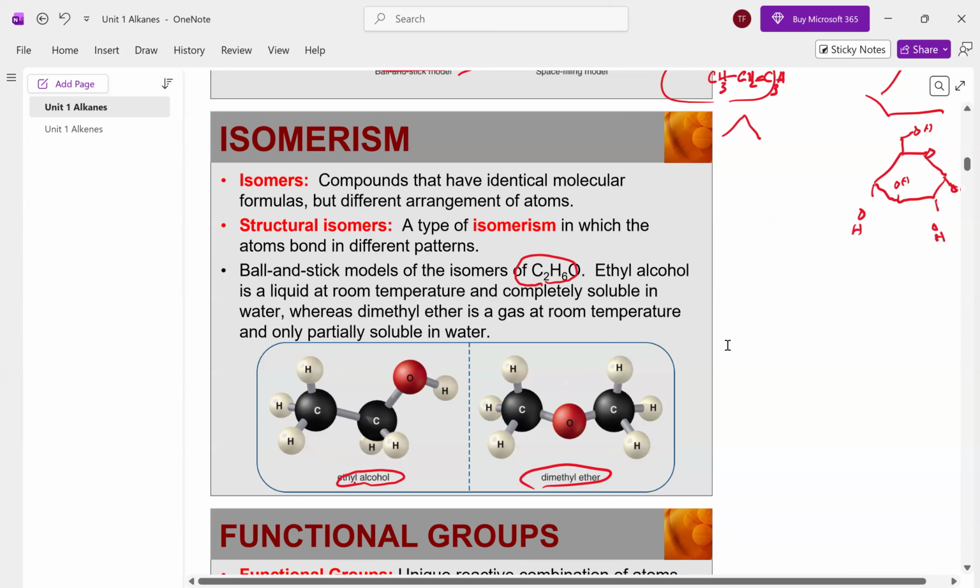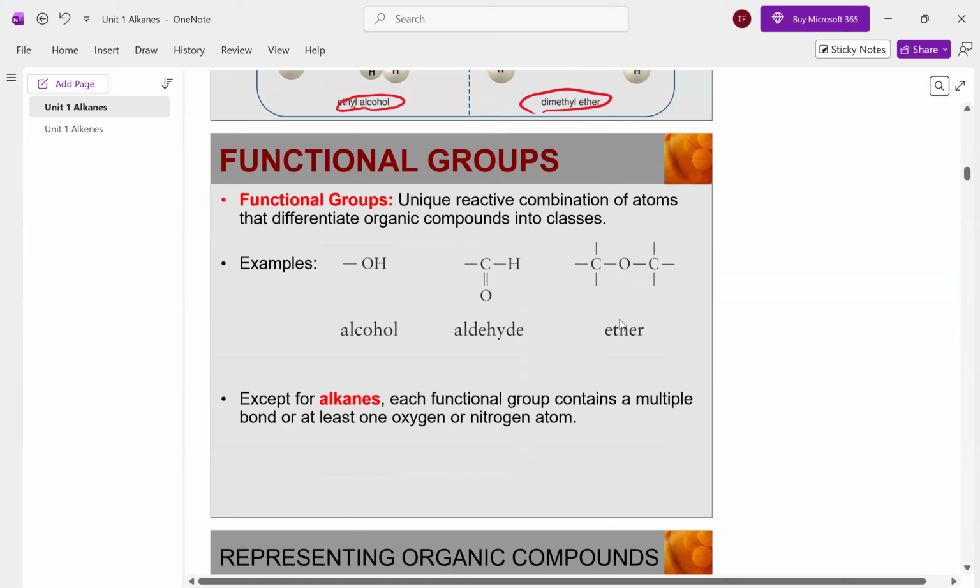Okay, so this concept of isomers, that makes sense? Now, what differentiates one organic molecule from another, besides the number of carbons, besides the number of bonds, etc., are something called functional groups.